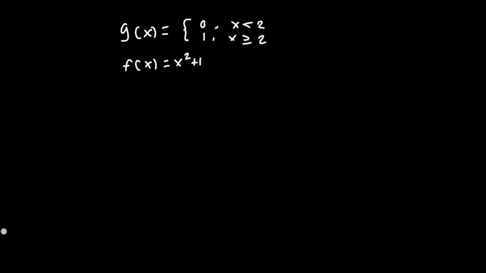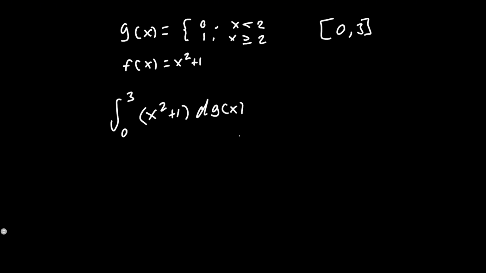Here we have our f of x and g of x. Now what we want to do is compute, on the interval 0 to 3, the integral from 0 to 3 of x squared plus 1 times d g of x.